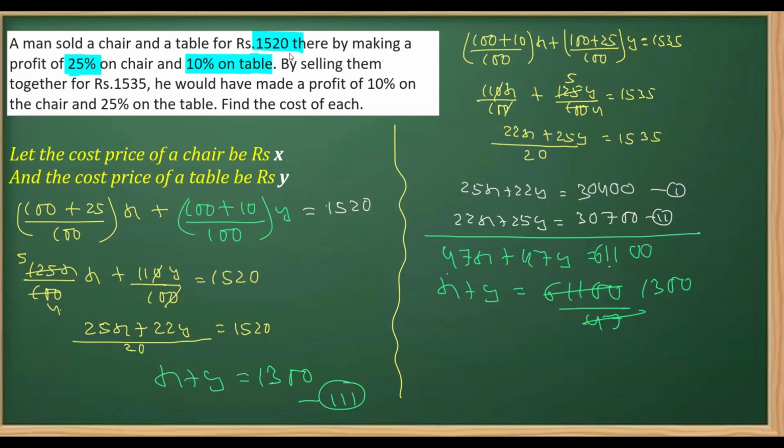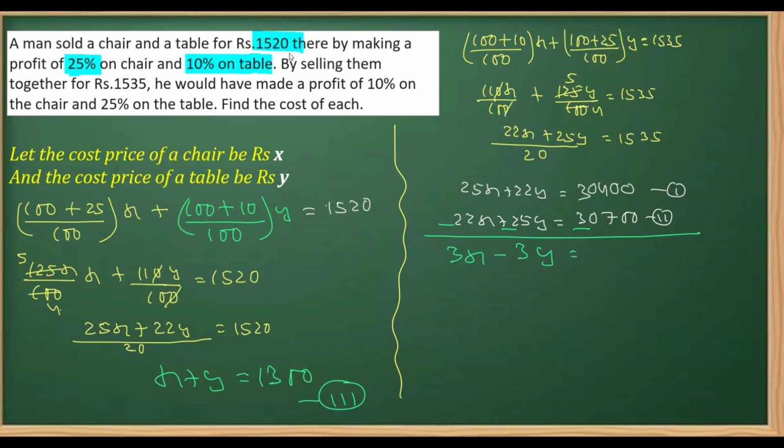Now, as we did addition in this case, now I'll be doing subtraction. On subtracting these two equations, what you will observe here is that the difference will be the same. 25 minus 22 is what? 3x. This is minus 3y. And the difference here will come as how much?